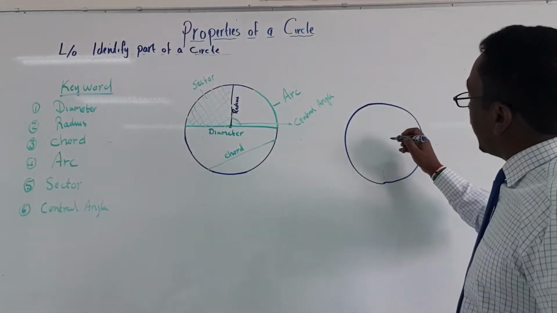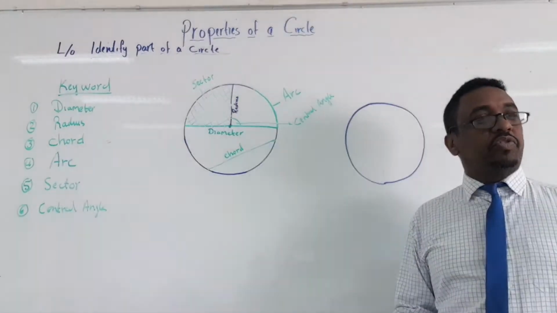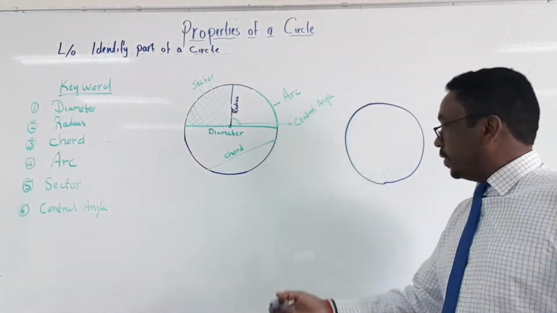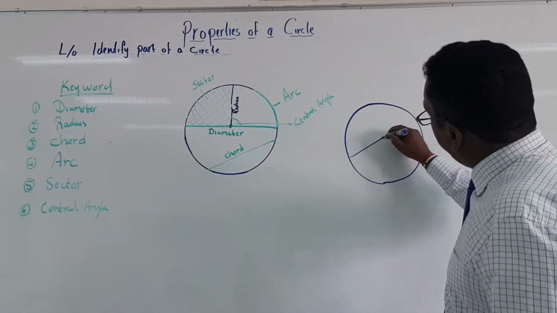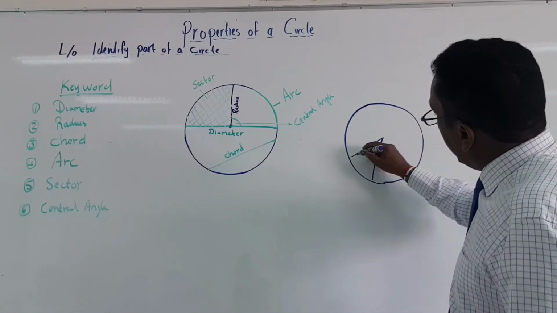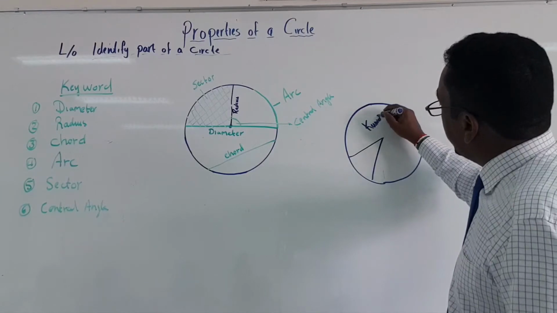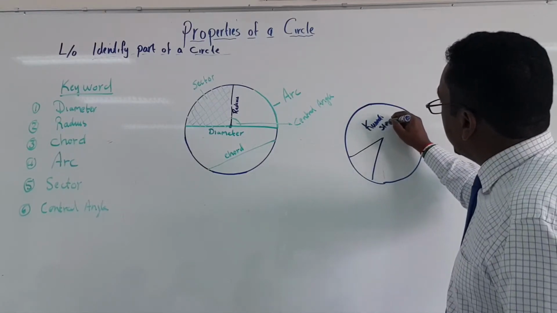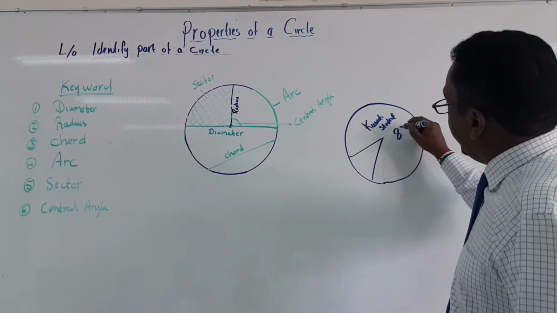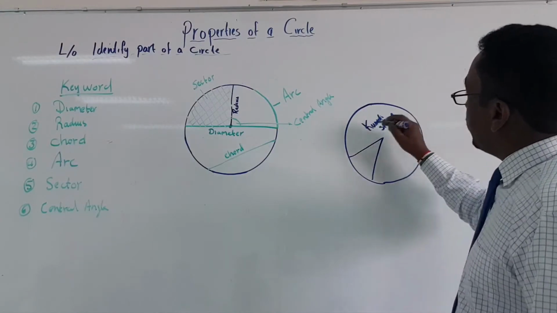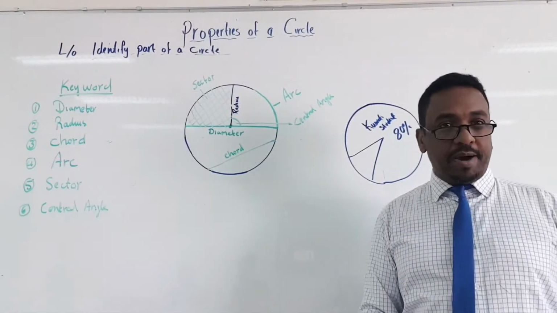So let's say about 80% of the students are Kuwaitis. So that's Kuwaiti students. This is how we define it. So this is the population of students in the school.